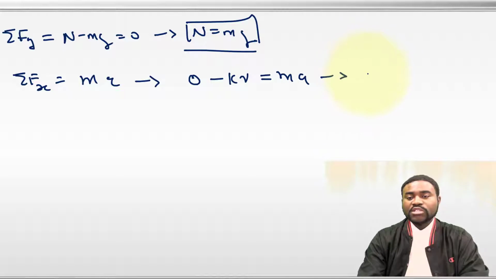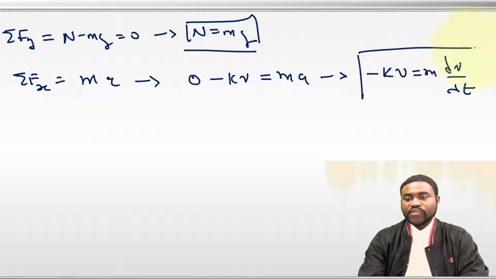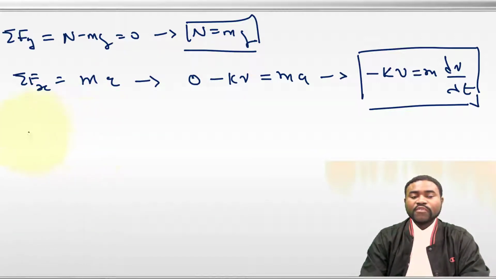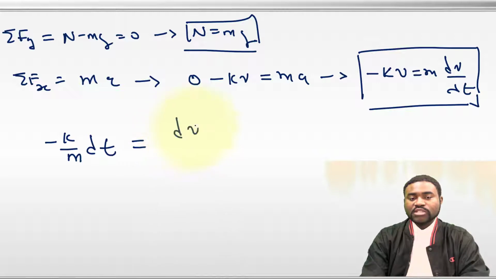Now, this will give us negative kv equal to m dv/dt. This is a first order differential equation which we can easily solve. If we separate the variables, we will have negative k over m dt equal to dv over v. We are integrating. This is ln. As easy as that.